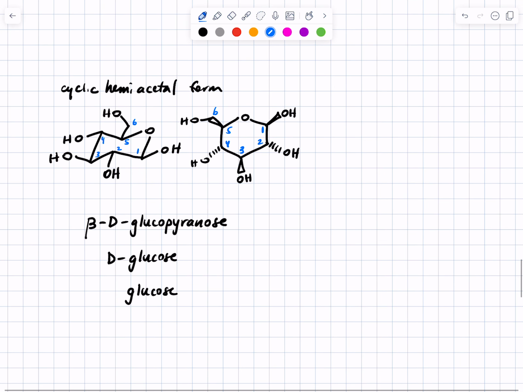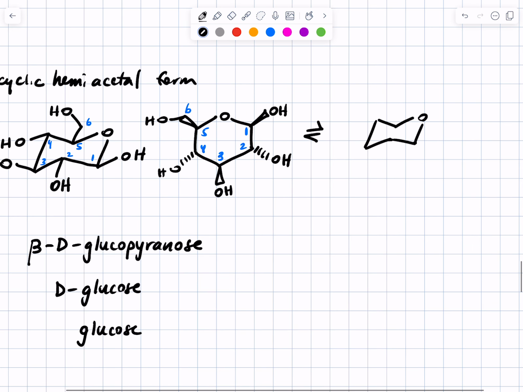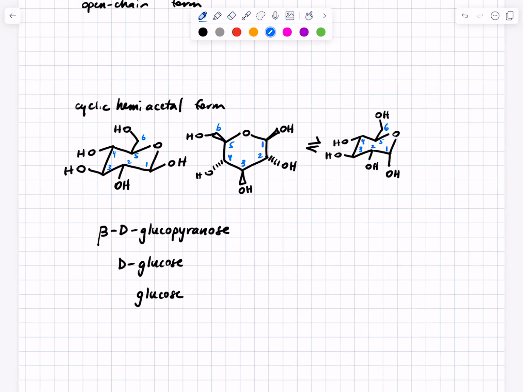In solution, glucose exists in equilibrium with another form. This has almost exactly the same structure, only the OH group on carbon 1 is down instead of up. We'll number 1, 2, 3, 4, 5, and 6.